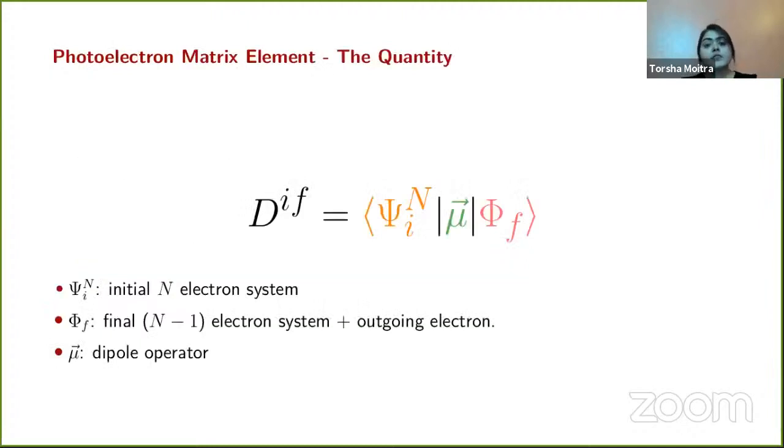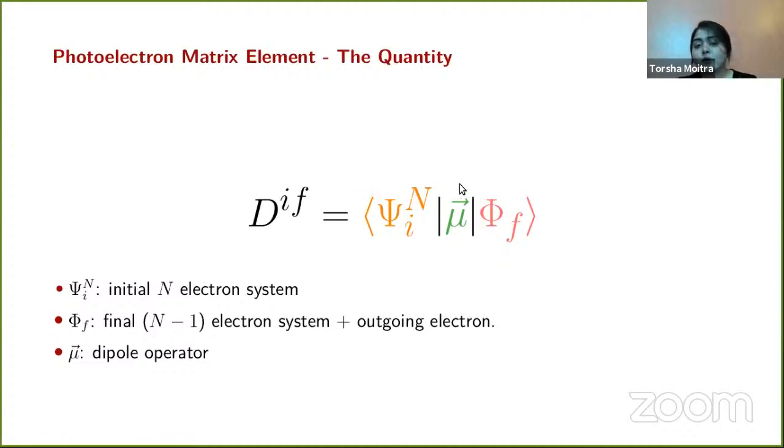The key theoretical quantity that is required to be computed to get photoelectron observables is known as the photoelectron transition matrix element, D_if. It is basically the overlap of the initial n-electron system with the final composite system comprising the n-1 bound state of the system and the outgoing electron coupled by the dipole operator.